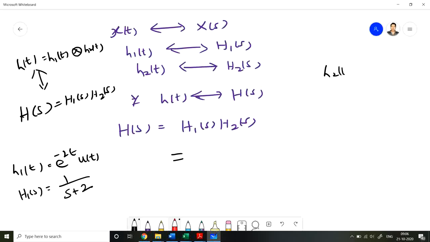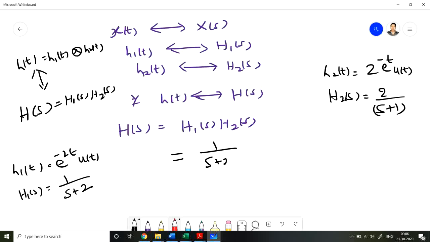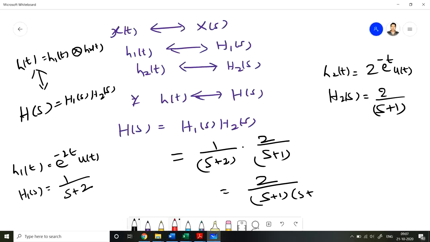And h2(t) is 2 e raised to the power minus t times u(t), so H2(s) is 2 divided by s plus 1. So H(s) is 1 divided by s plus 2 multiplied by 2 divided by s plus 1, which equals 2 divided by (s plus 1)(s plus 2). This is our overall transfer function of the system.